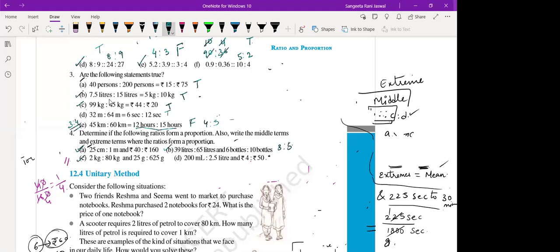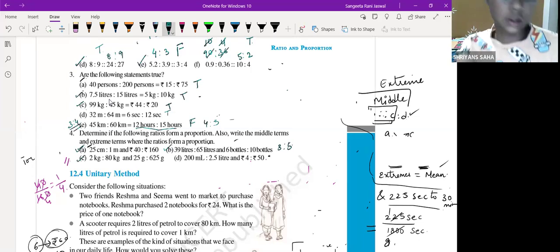Yes, tell me which are the middle terms and extreme terms. Adya? Ma'am, 39 and 10, ma'am. 39 and 10 are what? Extreme terms. Yes, and the middle terms? 65 and 6. Yes, 65 and 6 are the middle terms.